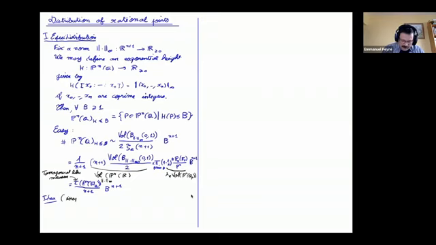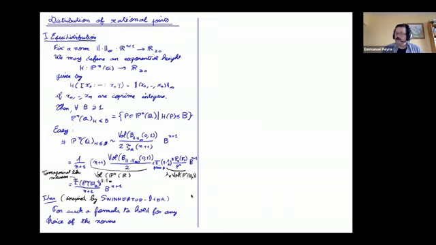I remember this talk well, during which I realized that there was such a connection, that for such a formula to hold for any choice of the norms, in fact, I have not described this here, but you can choose also p-adic norms for the projective space over Q_p.